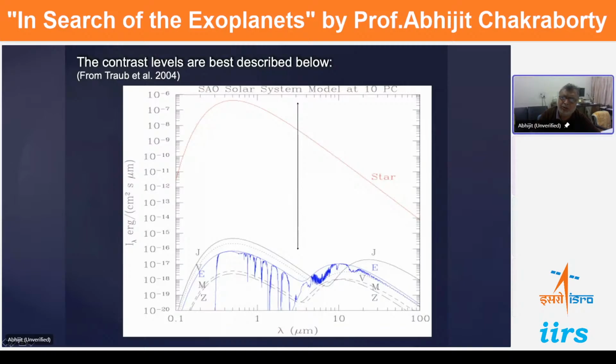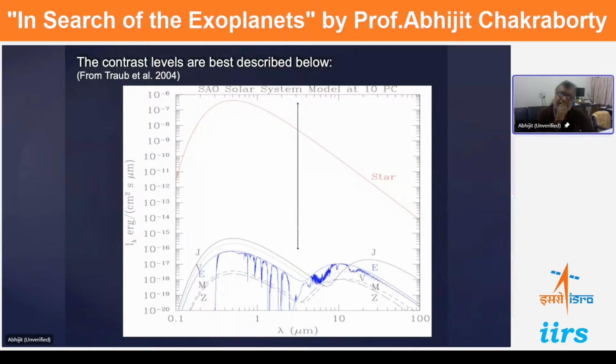This is the star's black body curve, and this is the intensity. Say you take an example of an alien creature even 30 light years away from our solar system, in a spaceship, trying to figure out whether there are any planets around the sun or not. He will have a hell of a time figuring that out.